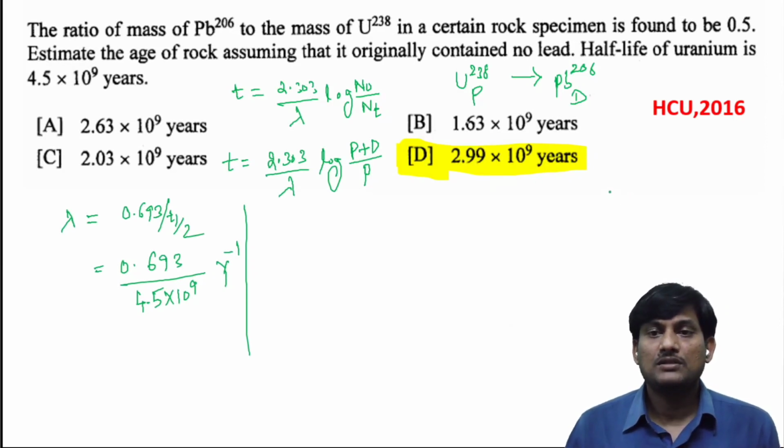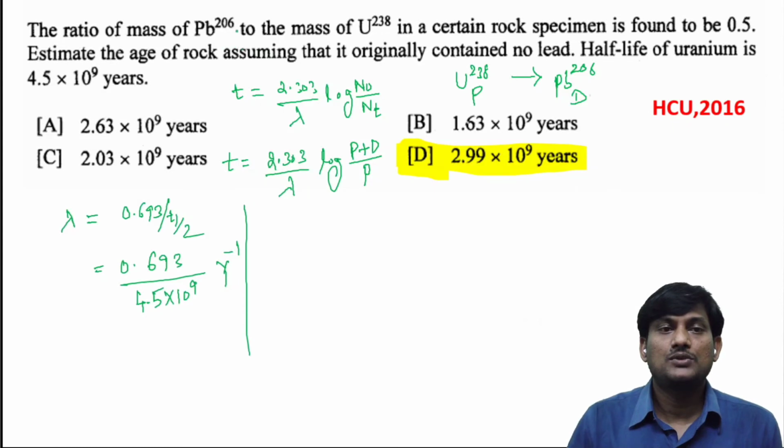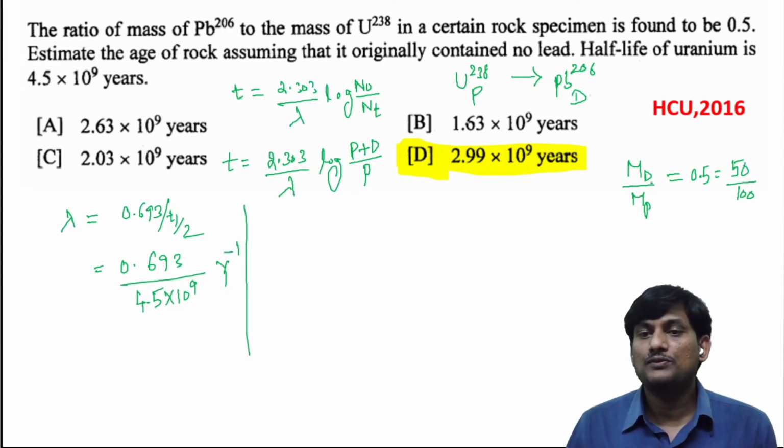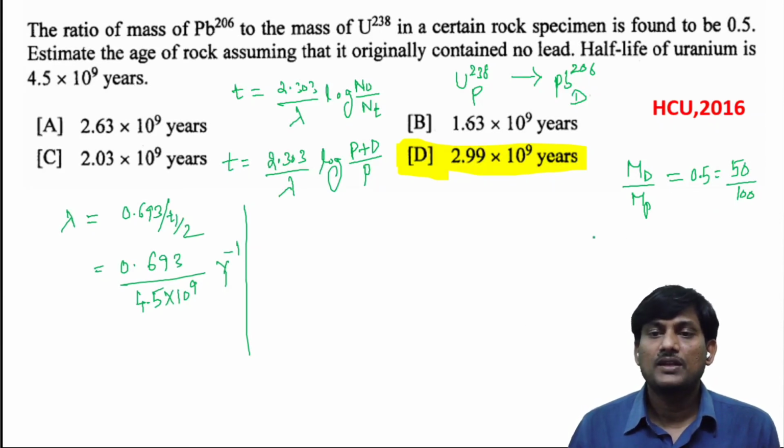Here the mass ratio between lead-206 and uranium-238 is given, meaning the mass of daughter nuclei and the mass of parent nuclei. The ratio is 0.5. So it can be written as 50 by 100. Means at time t, the amount of daughter nuclei is 50 grams and the amount of parent nuclei is 100 grams. Let's take that. Then you can easily calculate D.